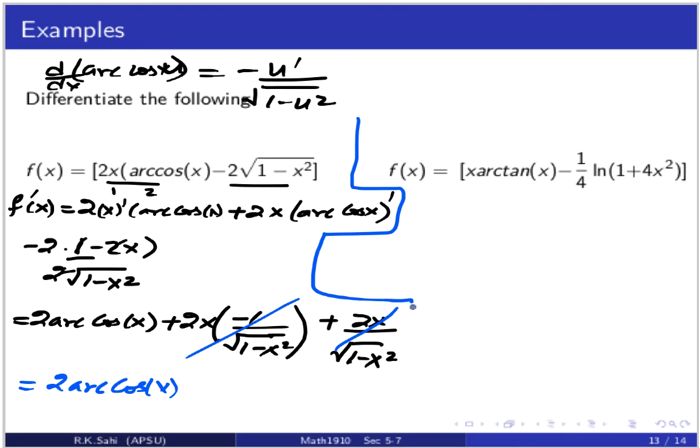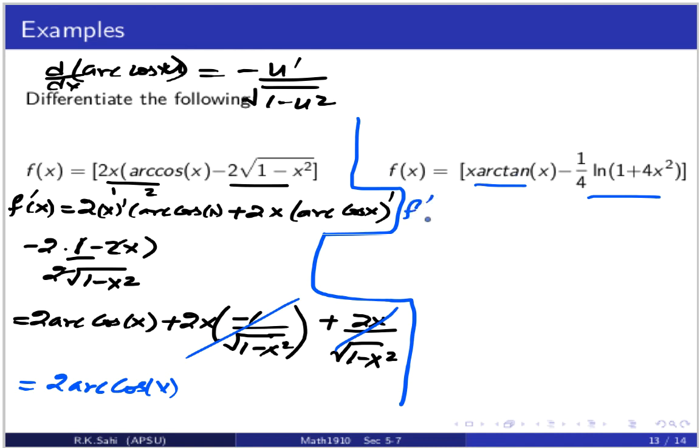Okay, let's do one more problem. Once again, you have a function x times arc tangent x minus 1/4 natural log of 1 plus 4x squared. So this expression and this expression. This is a product rule, remember.